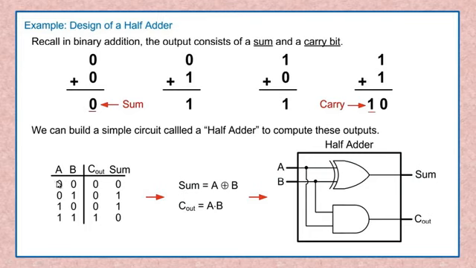Now consider the first case. If A is equal to 0 and B is equal to 0, then what will be the sum and carry? Here 0 plus 0, sum 0, carry 0. Next, when A is equal to 0 and B is equal to 1, 0 plus 1, sum 1, carry 0. Case 3, if A is equal to 1 and B is equal to 0, 1 plus 0 will be sum 1, carry 0. For the last case, this is the most important case.